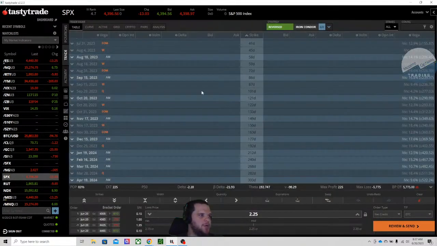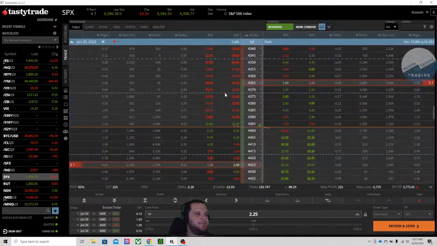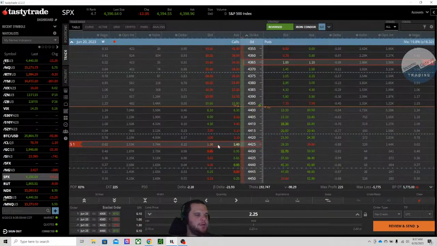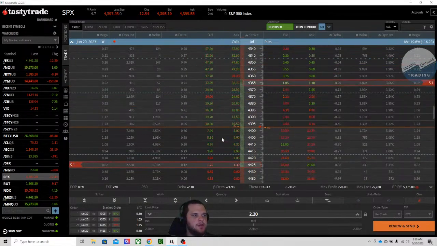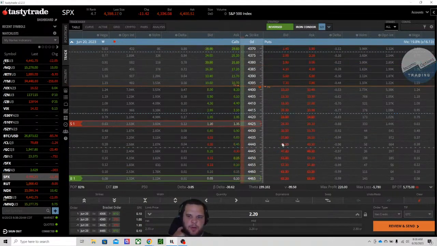So the strikes that I chose are no longer the best here, but it looks like it's coming back a little bit. That's pretty much what I do. I put on the call spread and put spread separately. You can put this on as an iron condor if you want, but I find it easier to put it in as two separate spreads, and that way you can adjust the spreads a little bit quicker.